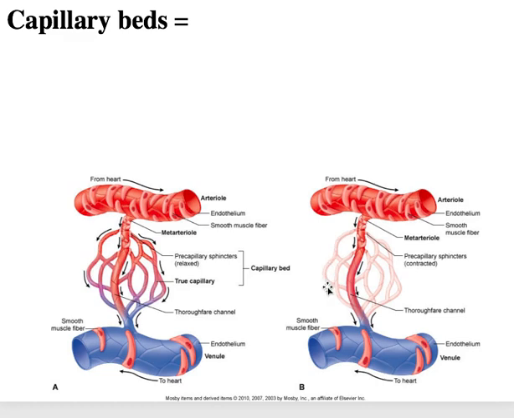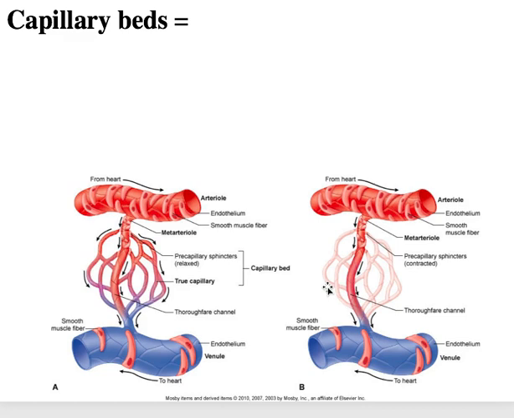So capillary beds are interweaving networks of capillaries. It allows for great efficiency of transport of things into the tissues and into the blood, but there is a vulnerability that the blood has in this area, because this is where it's most dangerous. It's most dangerous to be exposing the blood to the tissues because things happen in tissues, like pathogens might be invading. So there's a vulnerability here as well.